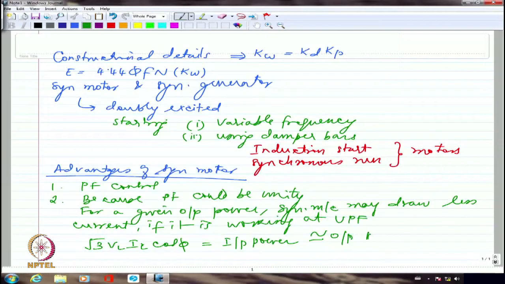In the case of induction machine, cos phi has to be 0.8 or 0.85 at the most, whereas in the case of synchronous machine it can be unity power factor, due to which for a given voltage and for a given power IL will be minimum when cos phi is unity.